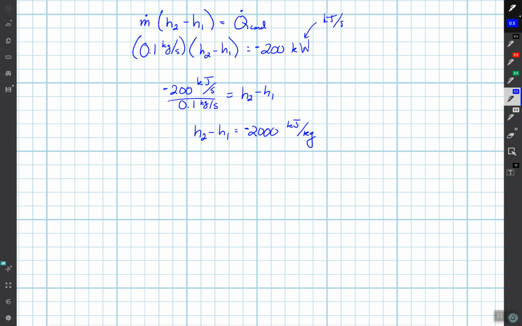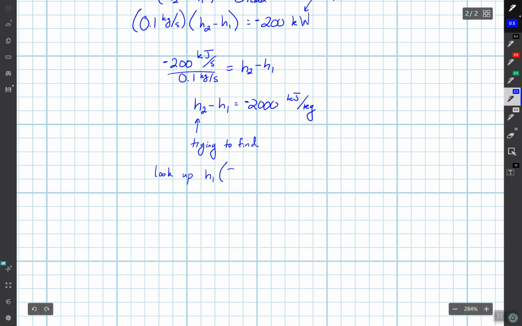All right. So what we're trying to find is H2. We can look up H1, and H1 is at 800 kilopascals and 400 degrees Celsius.